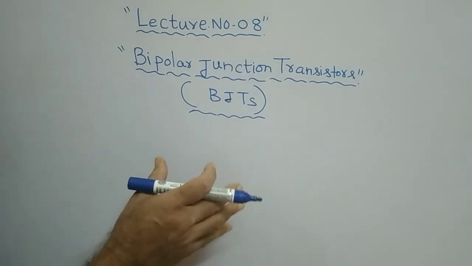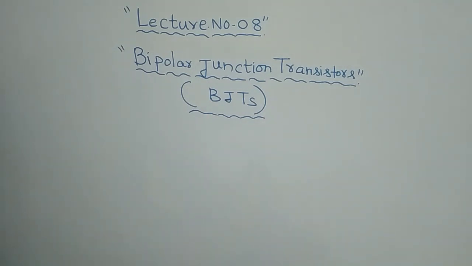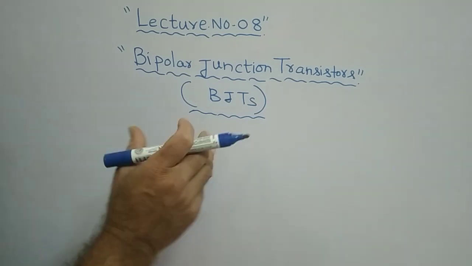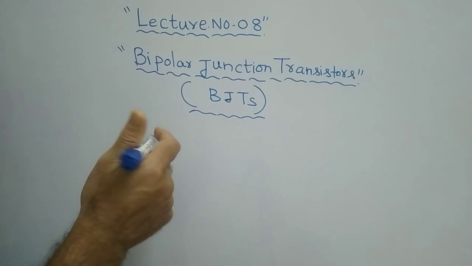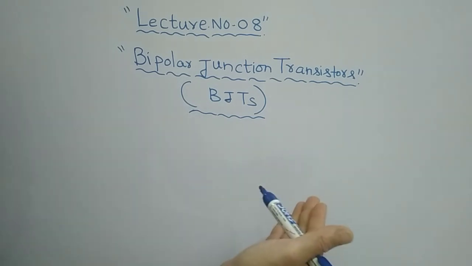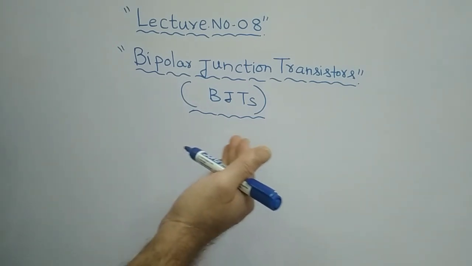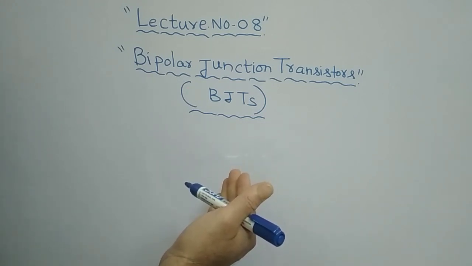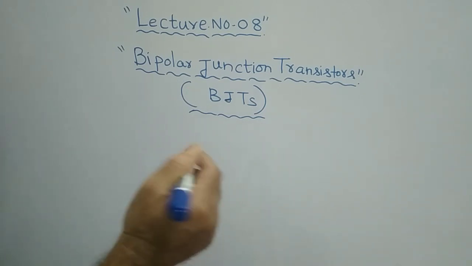If you recall our previous presentation on BJTs, we saw the physical representation of the NPN transistor as well as the PNP transistor, and then the electrical equivalent of NPN and PNP.